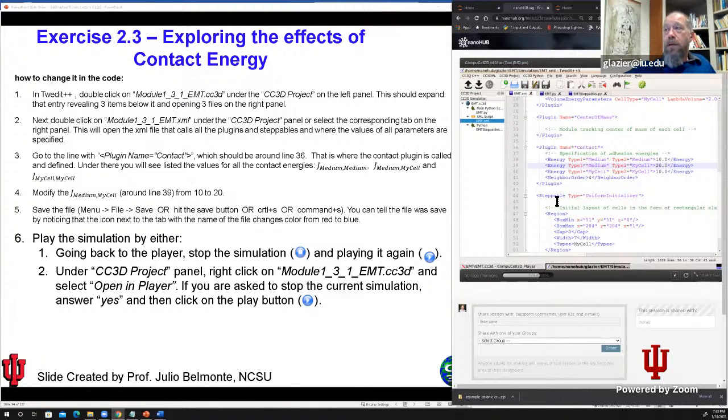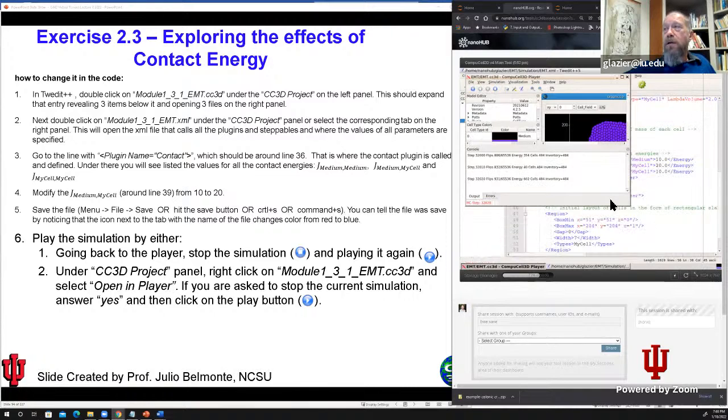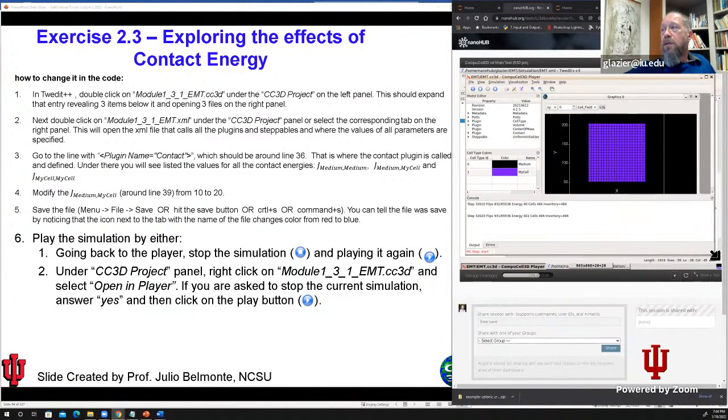And now, in principle, if things are working, Player will know that I've made a change. So if I stop the simulation and now start it again, it should load the new simulation.